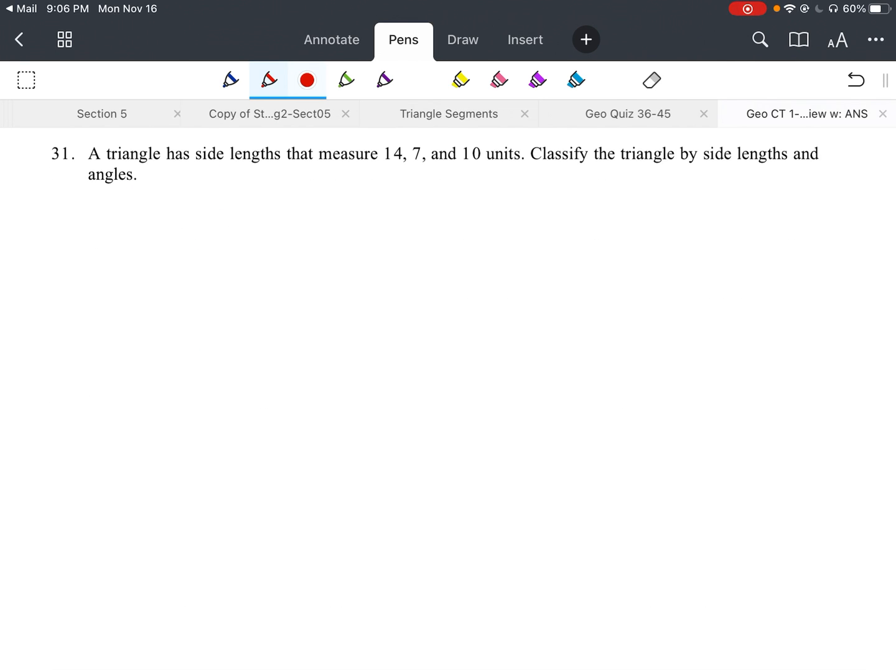Okay, a triangle has side lengths that measure this. What kind of triangle is it? We'll take your 2 short sides. Let's pretend it's a right triangle. And if it comes up short, then we'll know what kind of triangle it is here. So this is 7 squared plus 10 squared equals 14 squared.